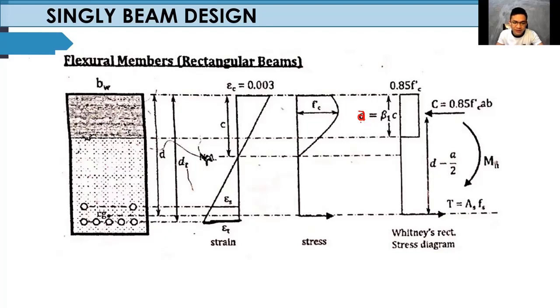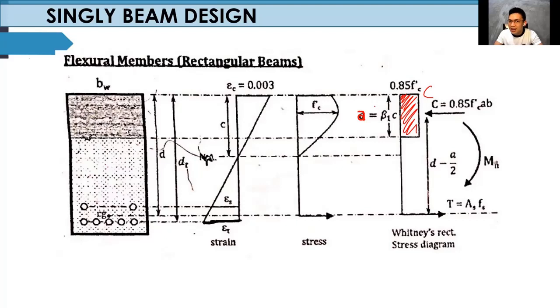Baka minsan when you're solving or sa board exam nyo mismo, may nakalagay, what is the height of the compression block of the beam? So this is our compression block na height. So therefore, this is subjective to compression na stress. So therefore, yung nasa baba, wala na pong stress na nandyan. According to this one, di ba? Tension na lang yan, etc., etc. Basta, you get it. Okay?